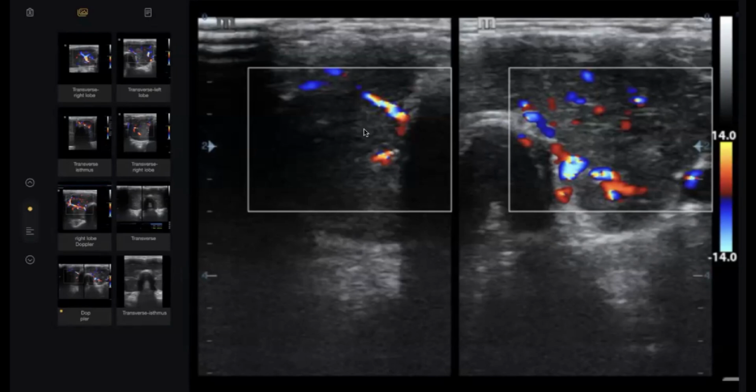Again, Graves disease may cause thyroid orbitopathy due to this long-acting thyroid stimulating antibody. And there is another disease called IgG4. It may cause autoimmune thyroiditis. It may cause orbital pseudotumor.